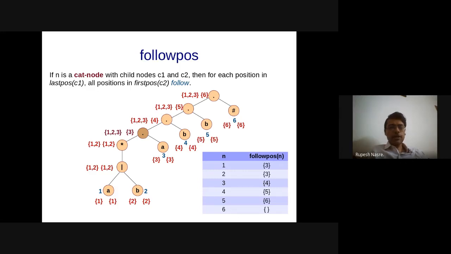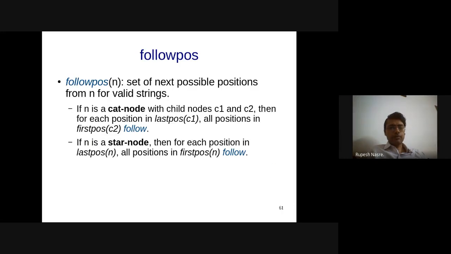Is this concept clear? I think there is some confusion about follow pos. So follow pos for a particular node is going to be the set of all positions, I mean, for all the strings that get generated, what is the next character? Essentially that is what we want for the final transition diagram for the DFA that we are going to generate. So on this particular symbol, let's say small a or small b, this is going to be the next position.